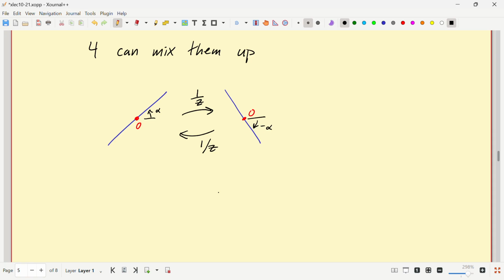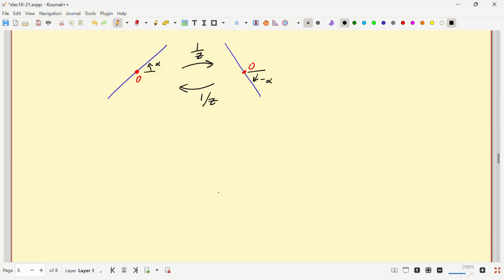When I drew the graph of the complex exponential, I mentioned that if I have a horizontal line here and the origin here, then 1 over z sends that to a circle going through the origin.